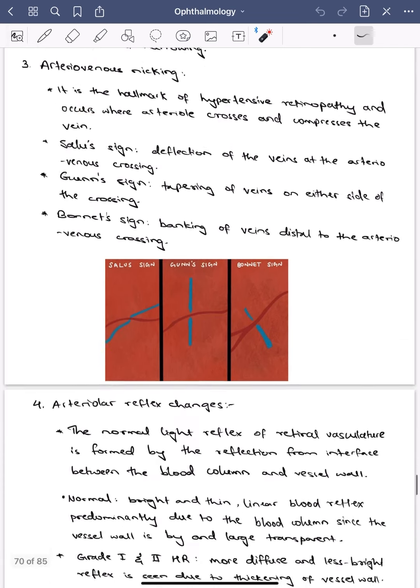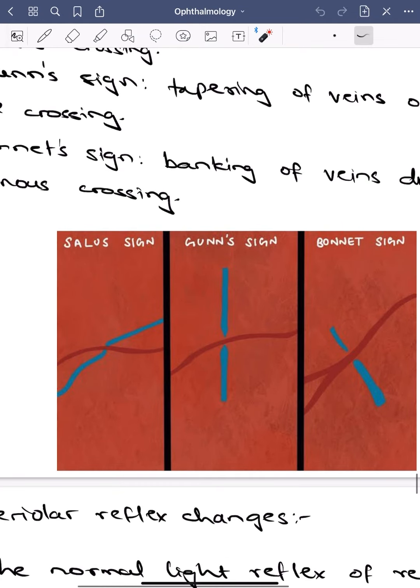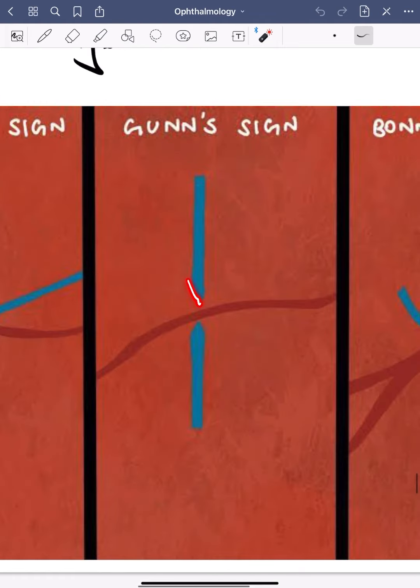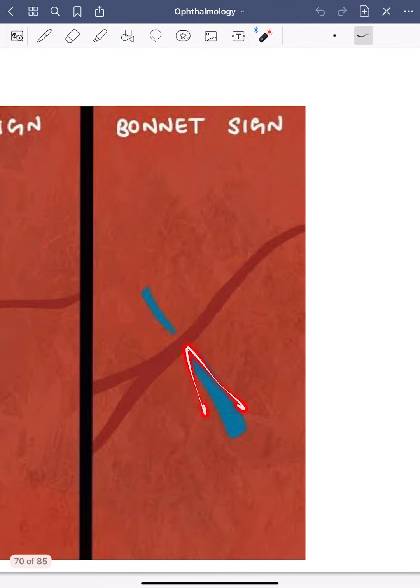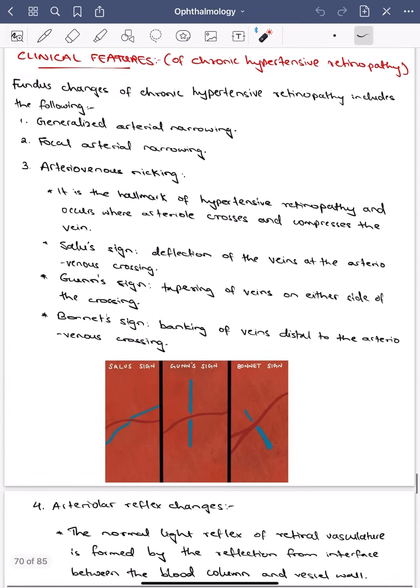Based on this, we have three important signs: Salus sign, Gunn's sign, and Bonnet's sign. In Salus sign, there is deflection of the vein at the arteriovenous crossing. In Gunn's sign, there is tapering of veins on both sides of the crossing, and in Bonnet's sign, there is dilation of the veins. So this is about arteriovenous nicking.